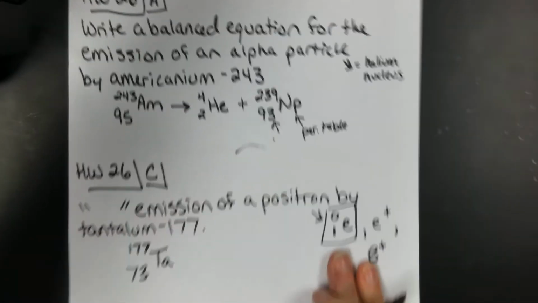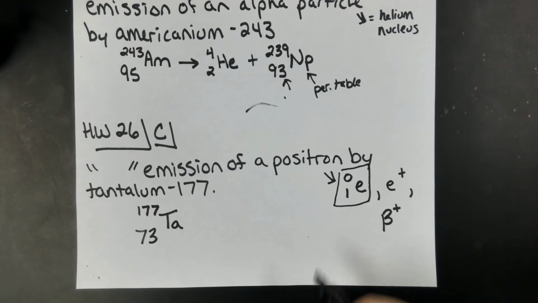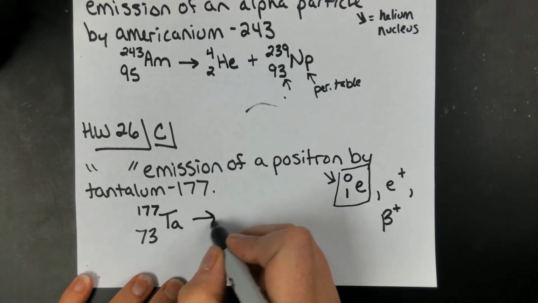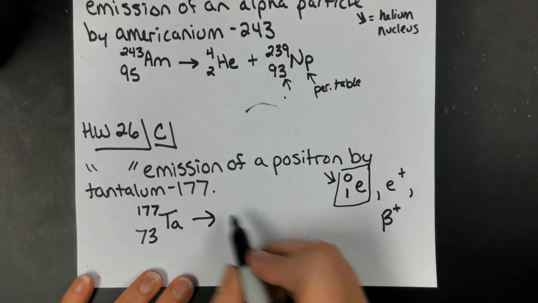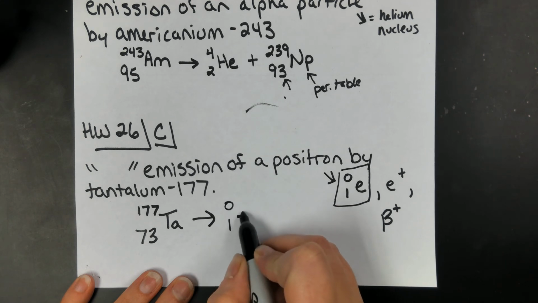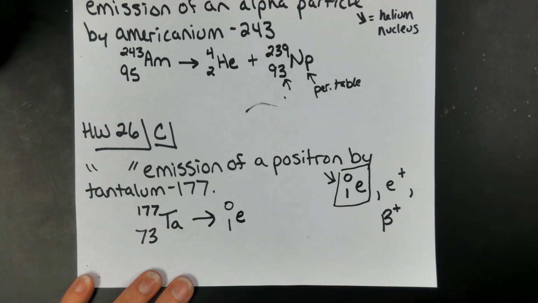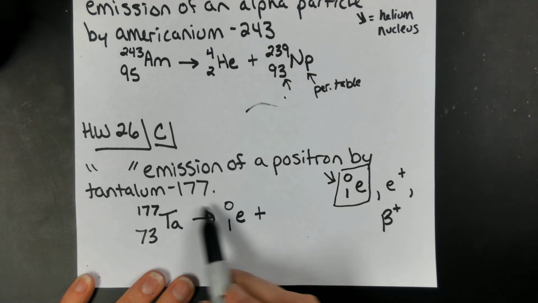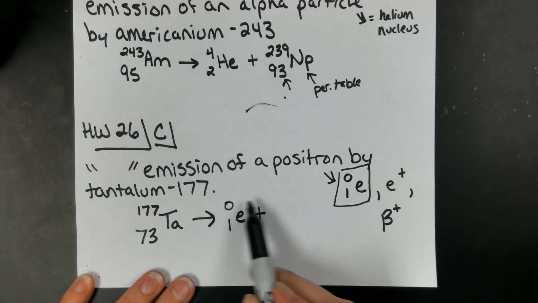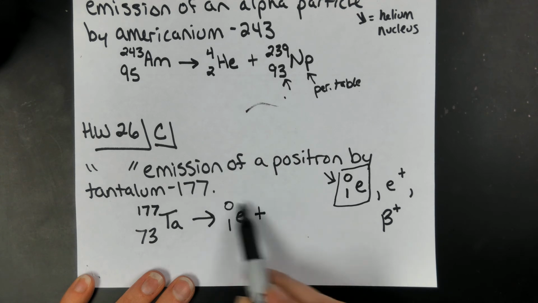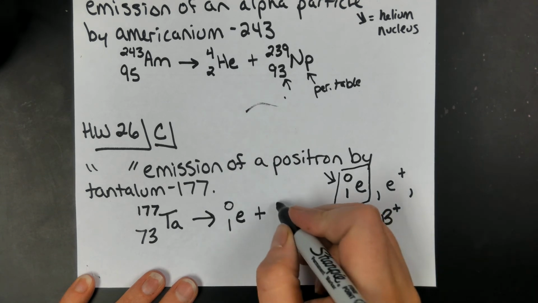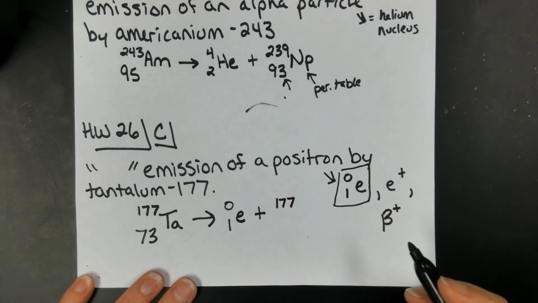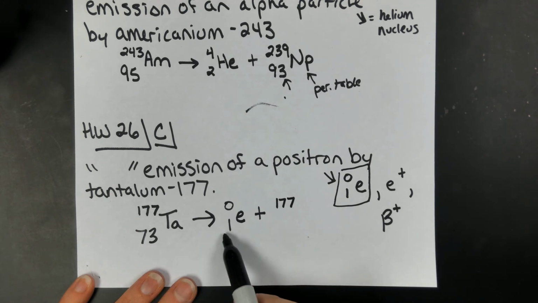It's positron emission, so we're going to be losing a positron, right? So, did the mass number change at all? No. So it has to total up to 177 on the right. So 177. But what did change?